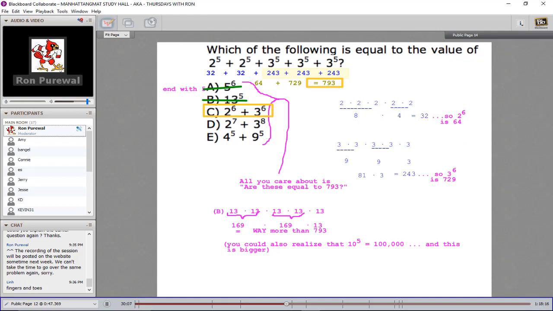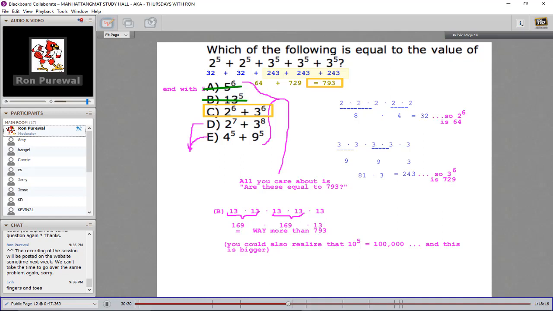And then these are also way too big. I mean, 3 to the 8th is 729 times 3 times 2 more 3s. So that's going to be like around 6,000 or 7,000. And 9 to the 5th is 81 times 81 times 9, which is like a 5-digit number.